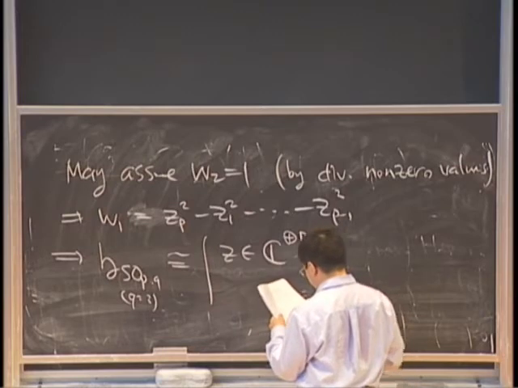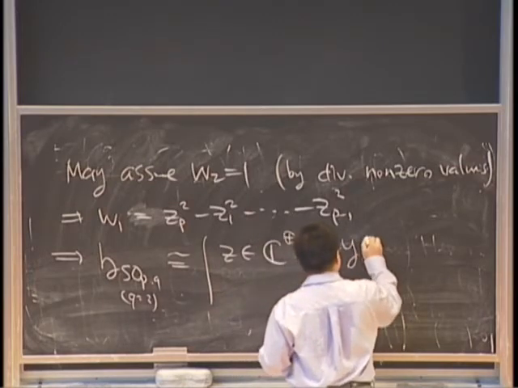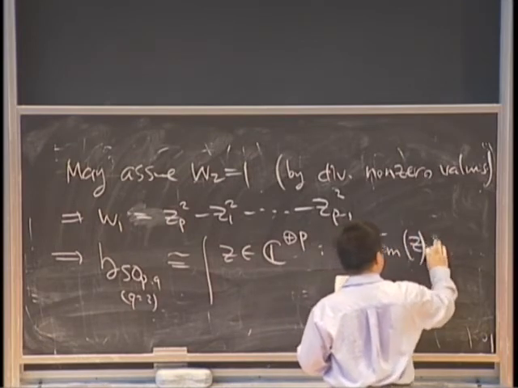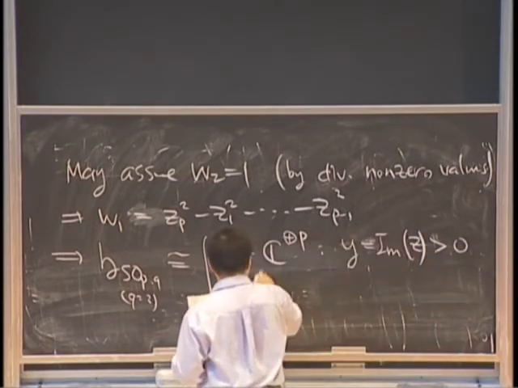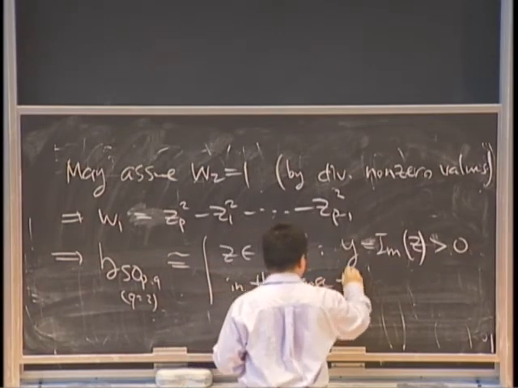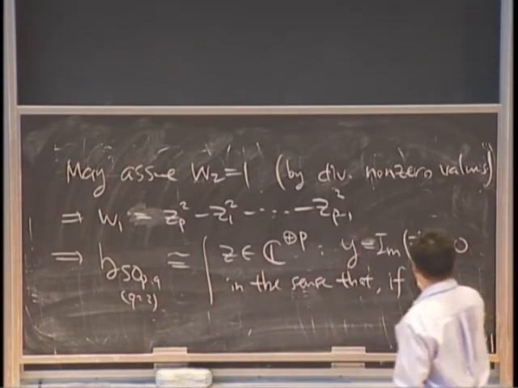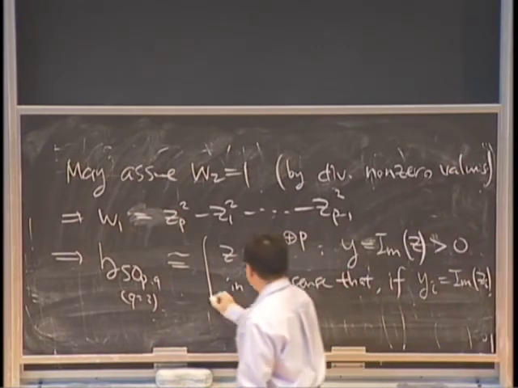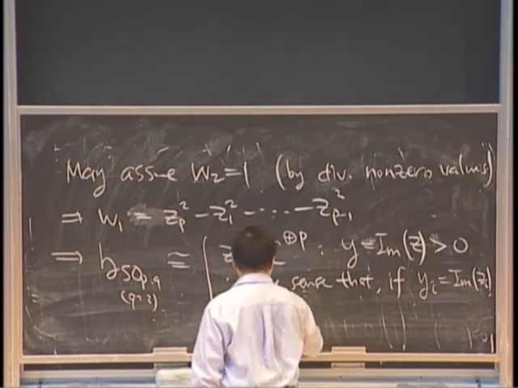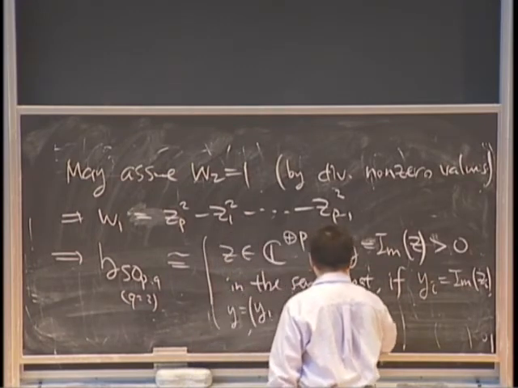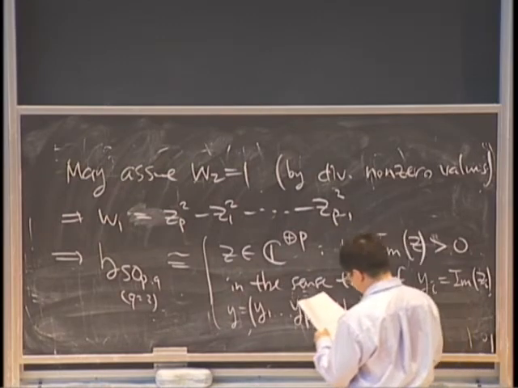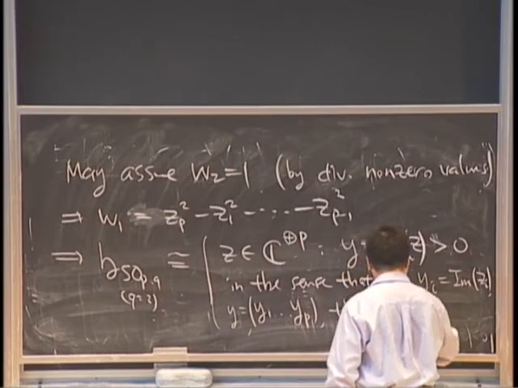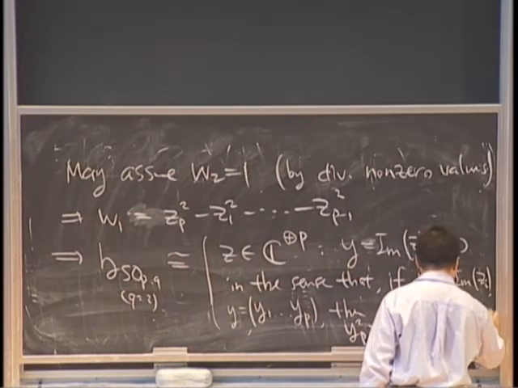Well, I'm not going to explain all the details, but in the sense that if yi is the imaginary part of zi, and y is all these things together, then you have a simple-minded equation being just this: yp squared greater than y1 squared up to yp minus 1 squared.